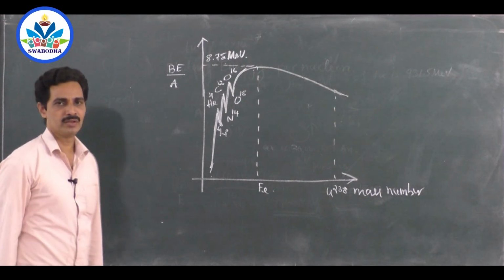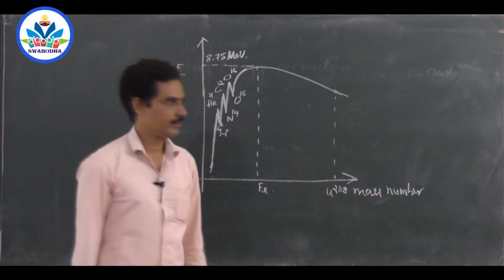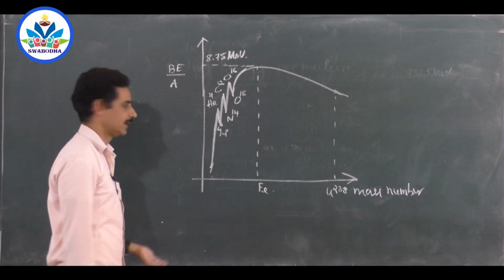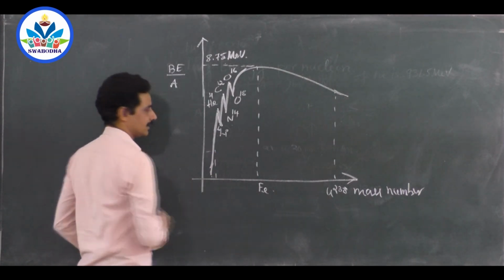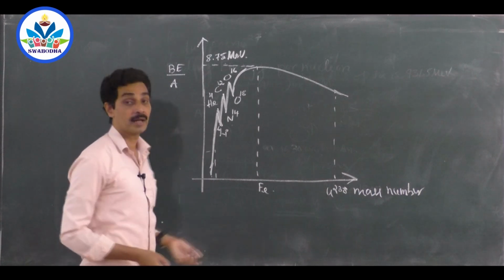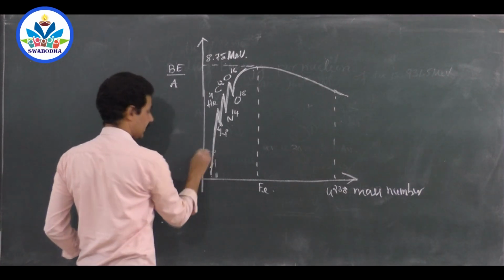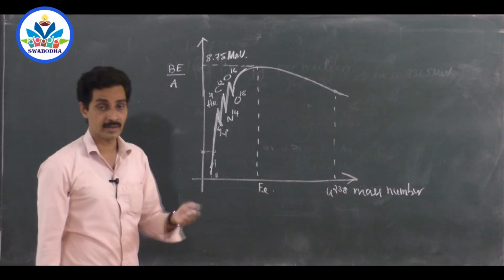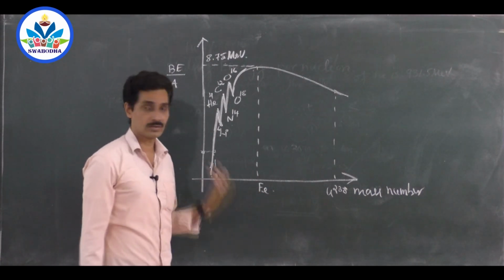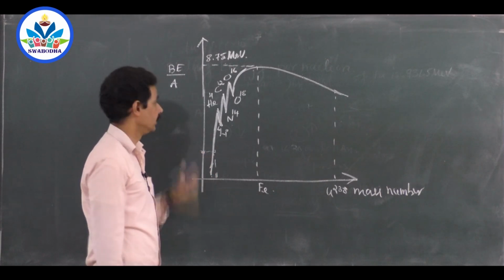This is the binding energy per nucleon curve, and usually this is called the binding energy curve. And if you observe the binding energy curve, you will find that elements having very, very less mass number, hydrogen, something like this, are less stable, because binding energy per nucleon for them is very, very less. The elements which have less atomic number, less mass number, lesser than 10 or so, have less binding energy per nucleon.